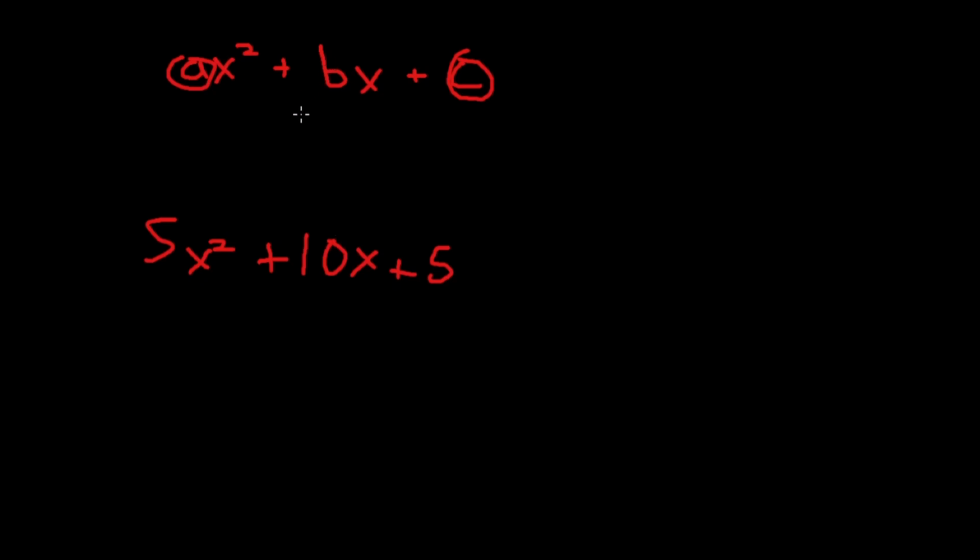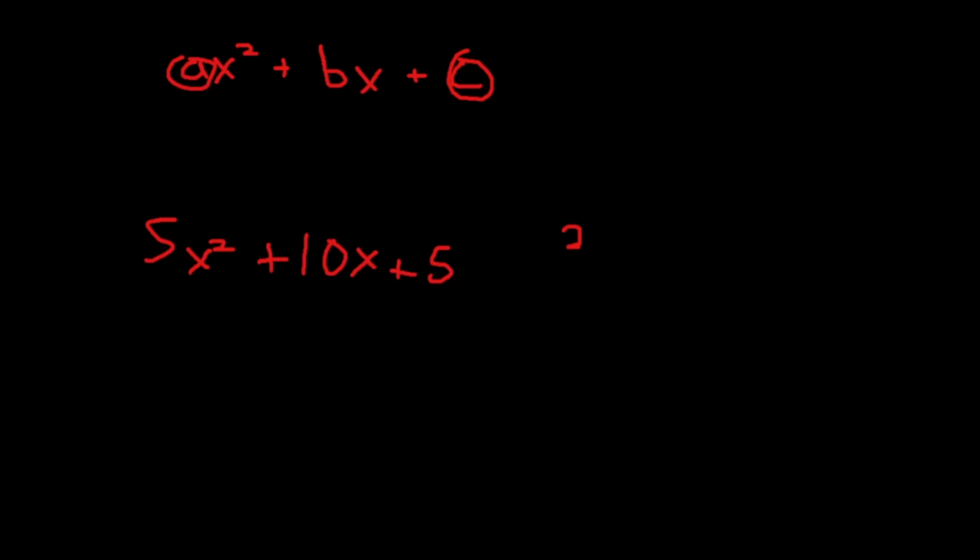So we're just going to tackle this the same way we did the other one. So a times c is 25. We need something that multiplies to 25 and adds to 10. And 25 is a perfect square, which is a number that if you put a square root sign, it'll give you a whole number.